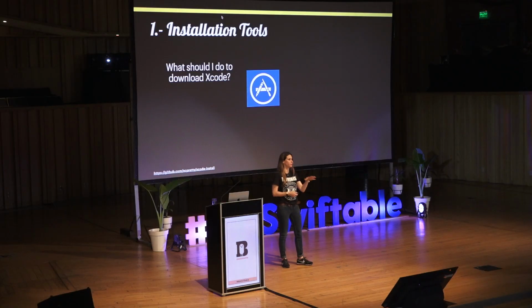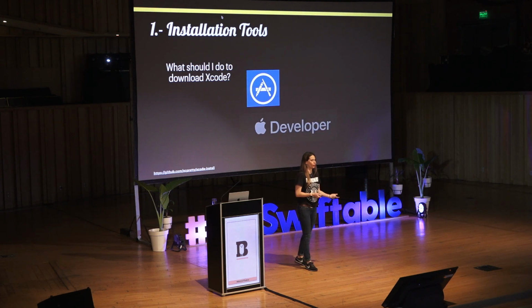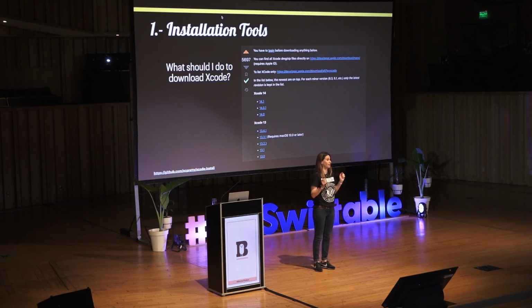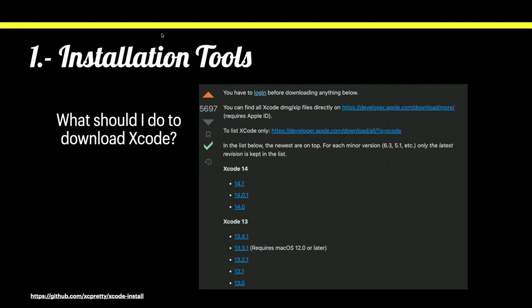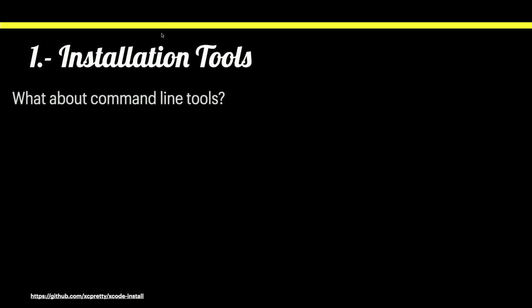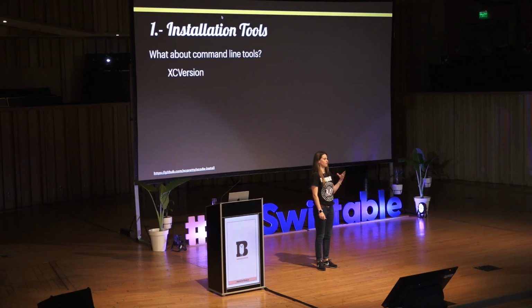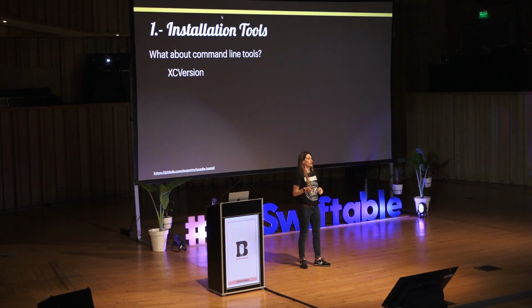But probably people that are starting with developing will say App Store, or maybe go to the developer portal, or go into Stack Overflow because it does have at least an updated list of all the binaries you can download. But yeah, exactly as you said it, we can use command line tools to improve and maybe to automate this process. And one of them is xversion, before Xcodes.